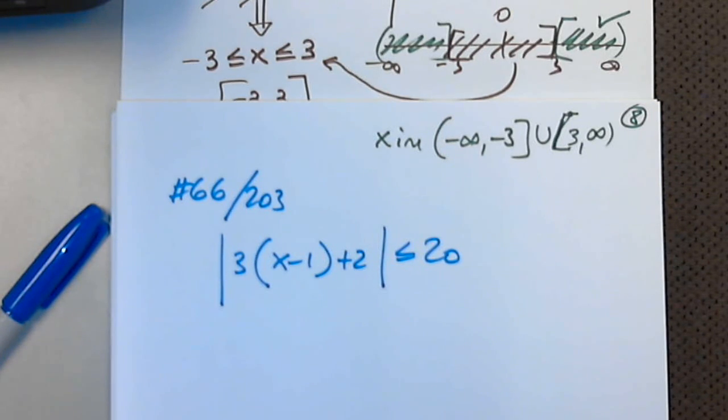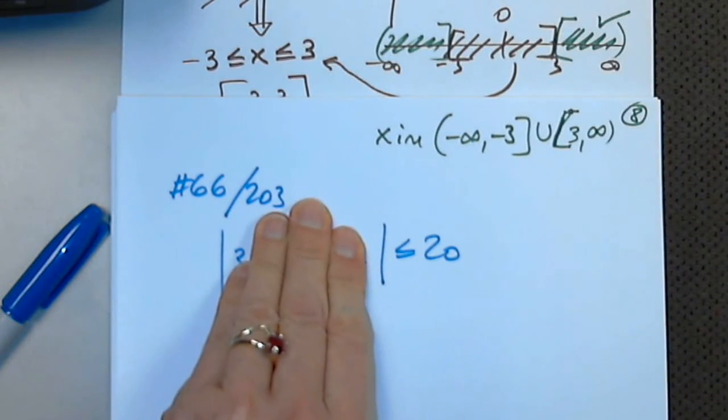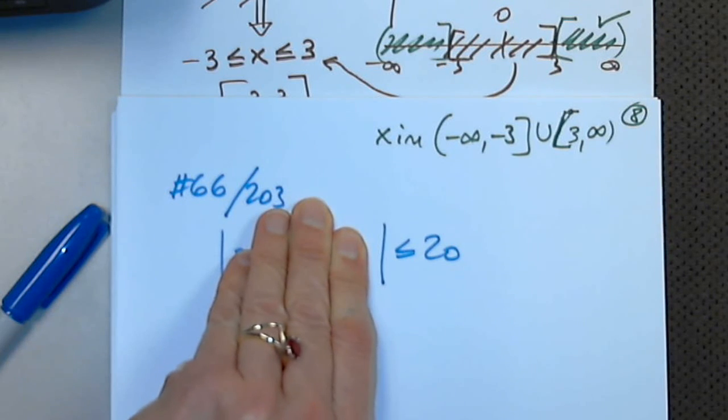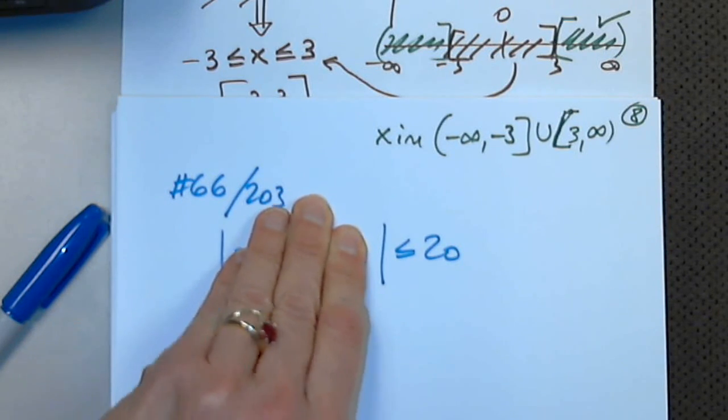Is it the first type, the nice one, in a chain, or is it the other one that requires more work? Okay, I'm asked to find numbers whose distance from 0 is less than or equal to 20, right?